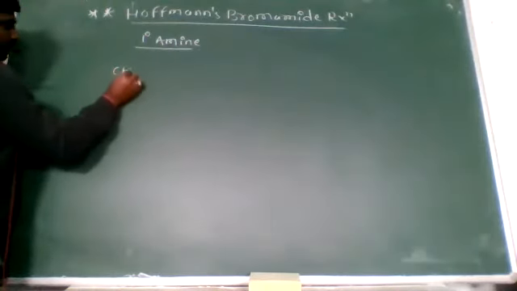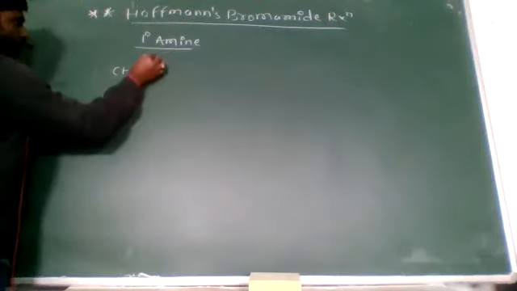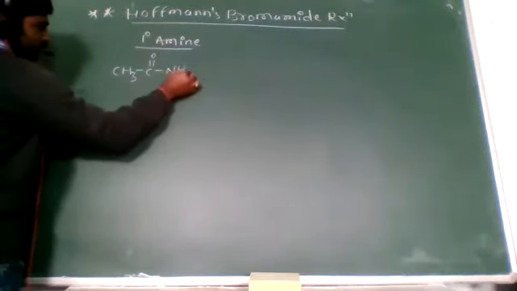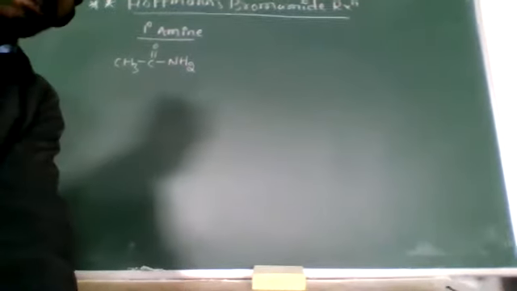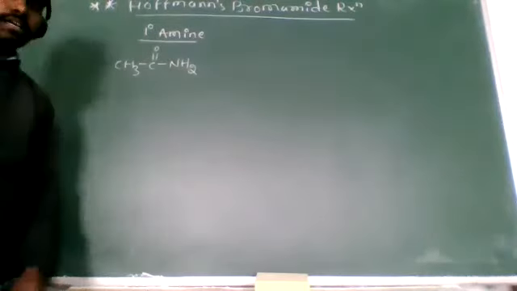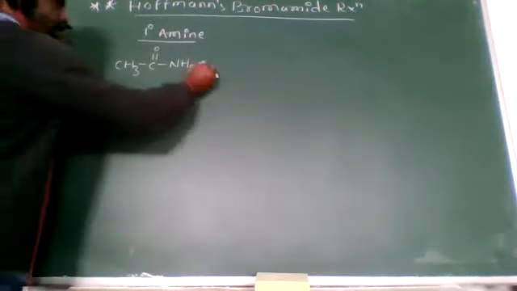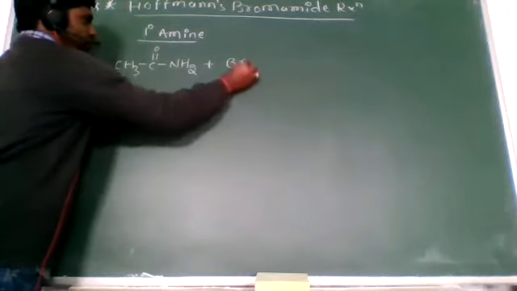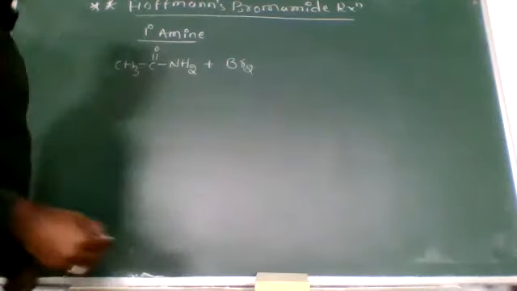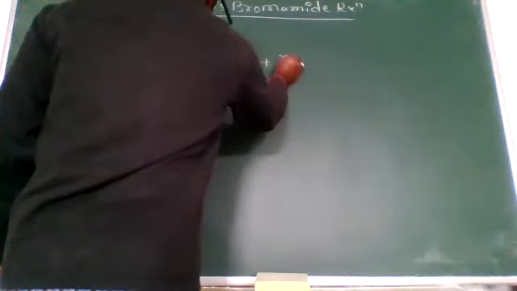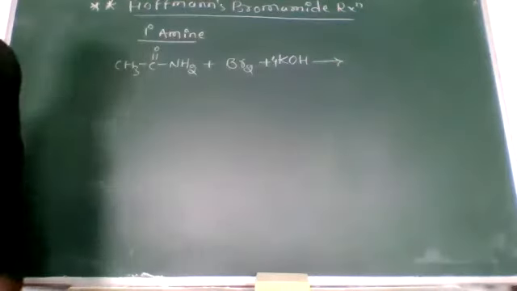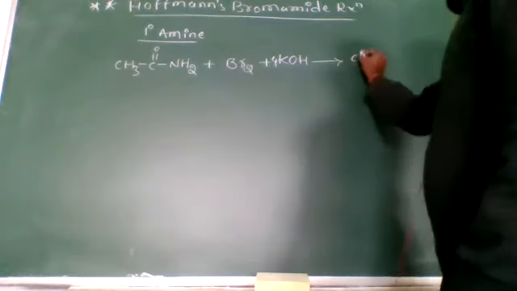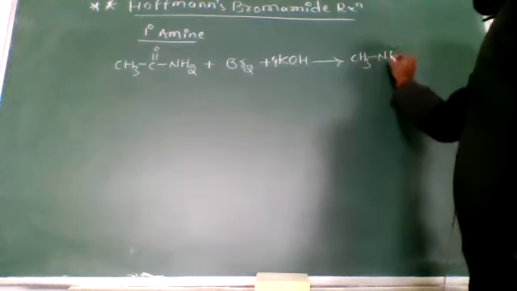Amides. For example, I am taking CH3 C double bond O NH2. This is the amide, this is acetamide. When acetamide reacts with bromine in the presence of potassium hydroxide, we get a primary amine, for example methylamine.